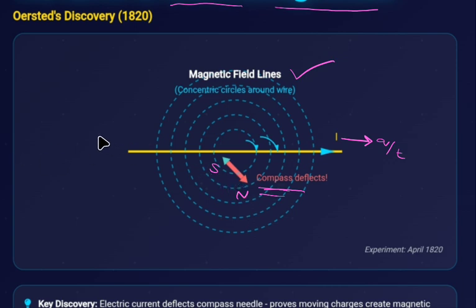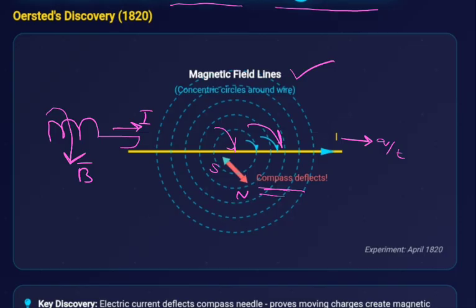So according to the thumb rule, what can we say? There is a deflection in this direction, magnetic field and current in this direction. So the magnetic field is set up in this direction. That's why he is showing it with the magnetic lines of force.